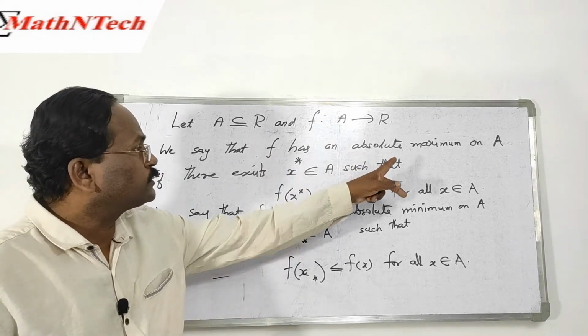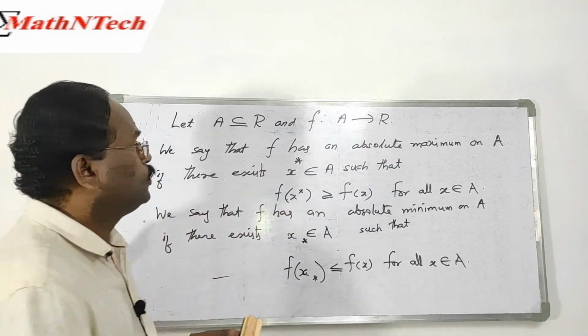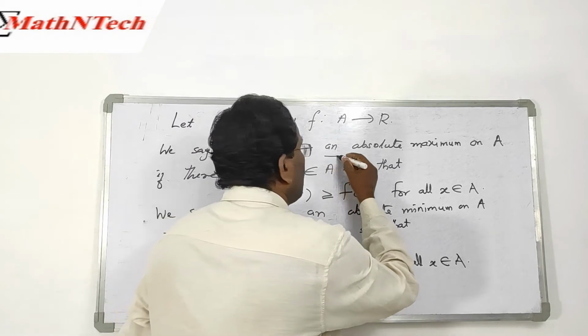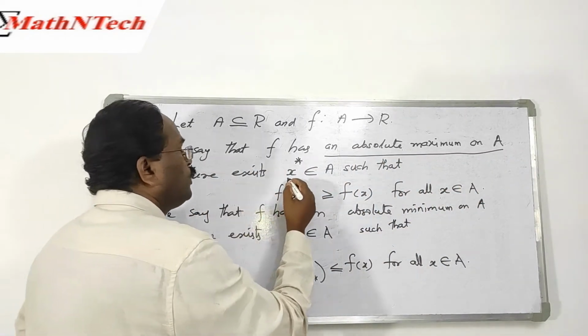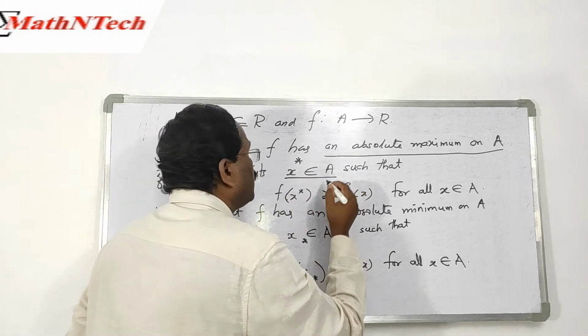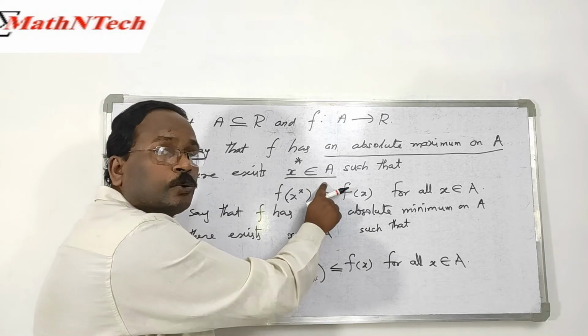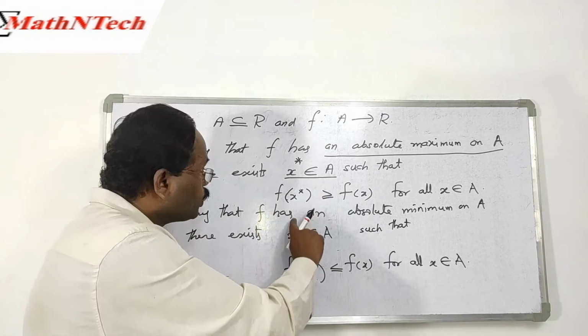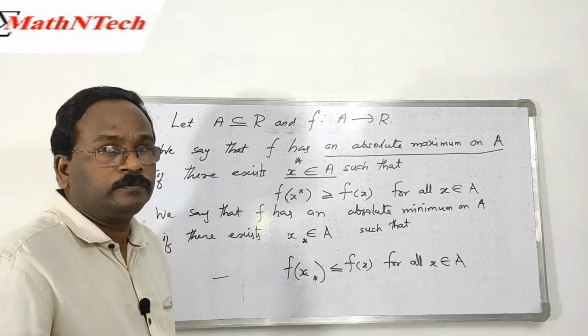So absolute maximum on the set A. Note the definition. The f has an absolute maximum on the set A if we can find an element x star belonging to A so that f of x star is the maximum value.